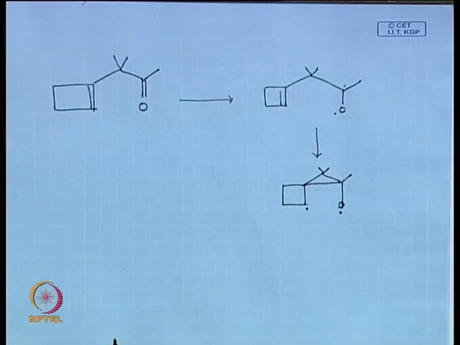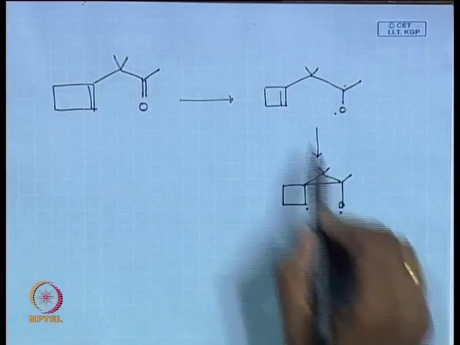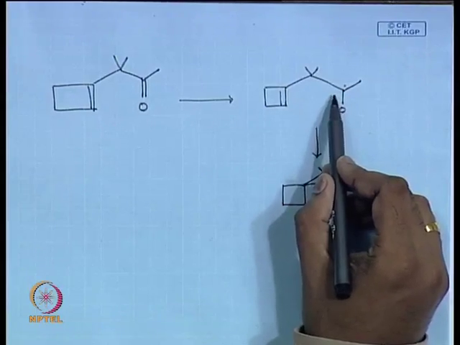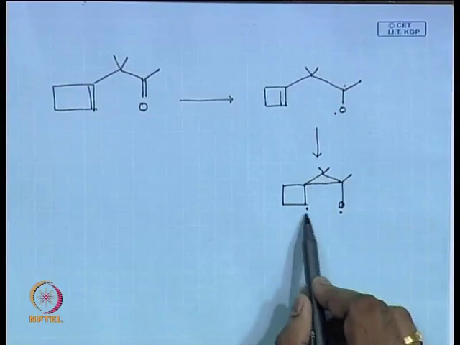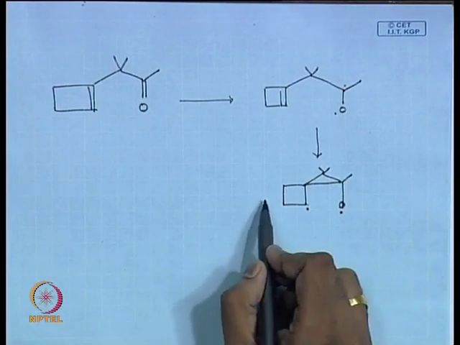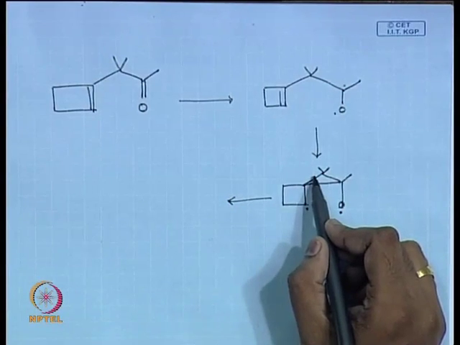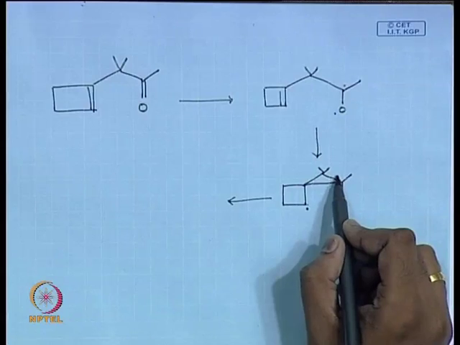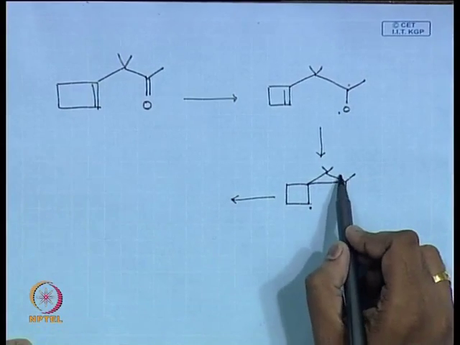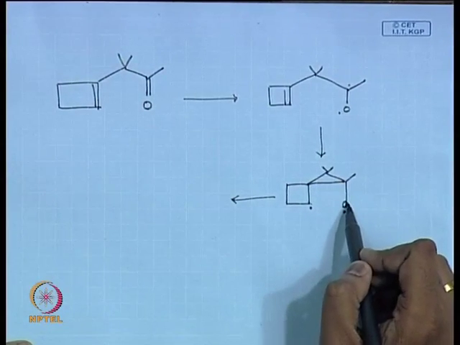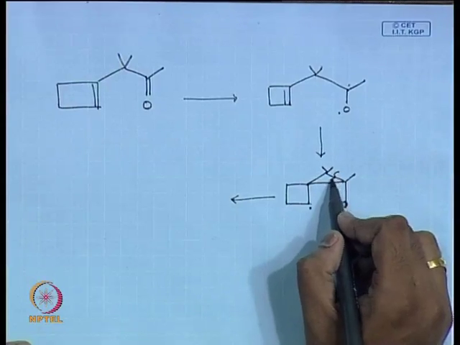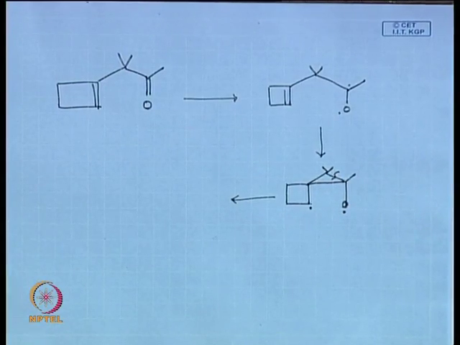I am just doing a cyclization here, so that I get a radical and radical. Then you just cleave it off. Do you want to cleave this direction or this one? This one is better, right? So that I can get a ketone back. So write the structure, just want to see how you write it.